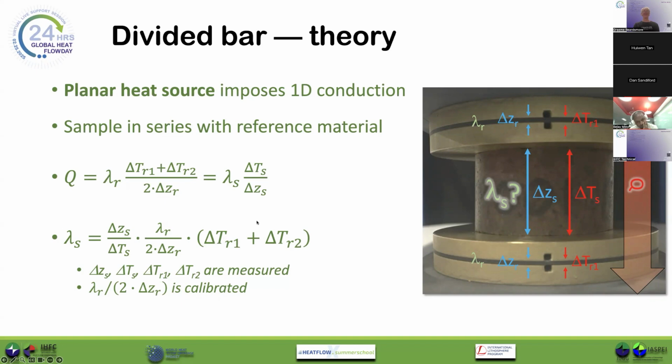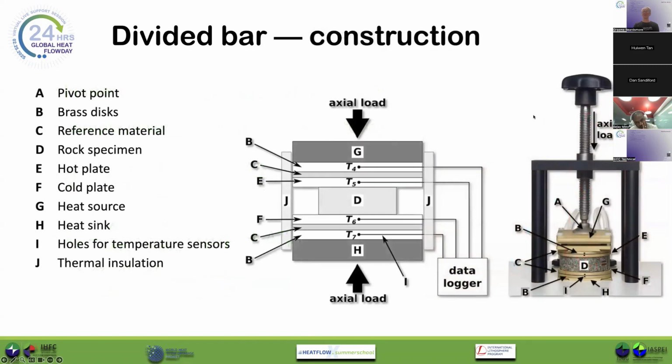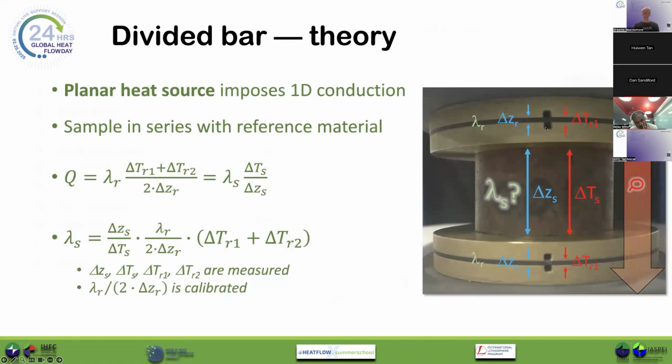And then this delta temperature across R1 and delta temperature across R2 is simply the temperature drop across the top sections of brass and the bottom sections of brass. So the measurement becomes a simple ratio of temperatures measured at 4 locations through the divider bar.